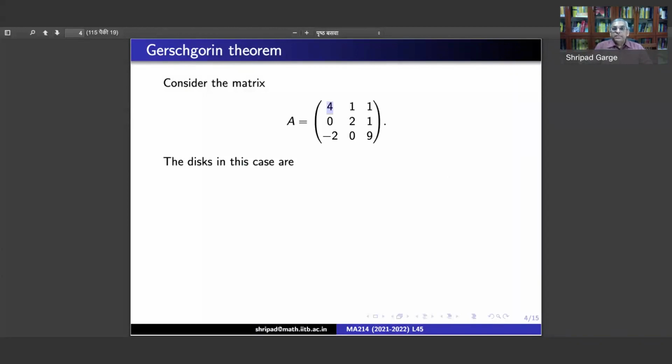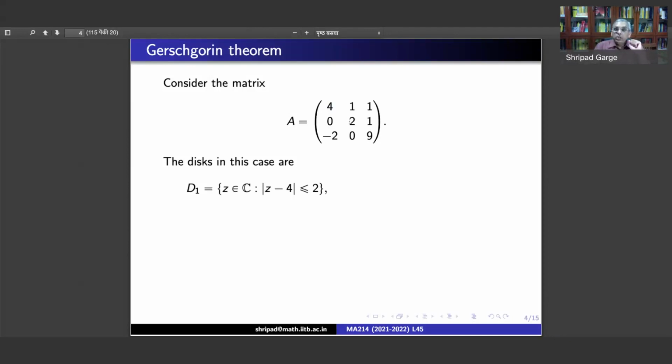Therefore the first disk is obtained by putting 4 at the center and taking the radius to be 2. In the complex plane, you take the real line and plot the point 4 and you measure the distance 2. So it will start from 2, 4 is the center and 6 is the end point. That's the interval of radius 2 from 4, and then take the circle around it. Okay, so that's the disk that you are going to get.